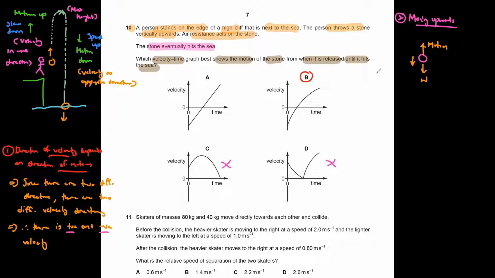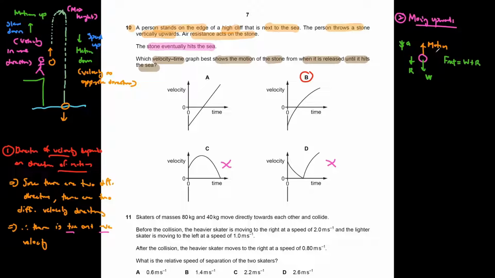So you have weight acting downwards, that is a given, but you also have air resistance opposing your motion. It will be directed downwards. Now if you apply the resultant force equation here, F net would be W plus R. Let's just assume that this is the direction of your acceleration.